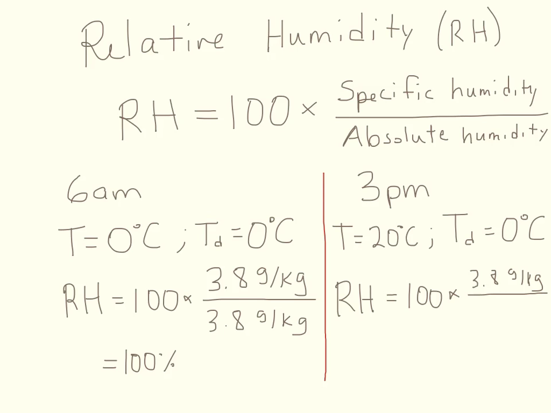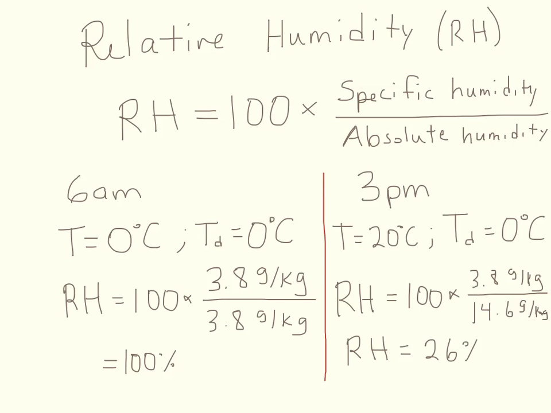And it turns out that the absolute humidity for a temperature of 20 degrees Celsius is around 14.6 grams per kilogram. So we could go through and we could take our calculator out, and what we'd find is that when we did this, we end up with a relative humidity in the afternoon hours of around 26%.